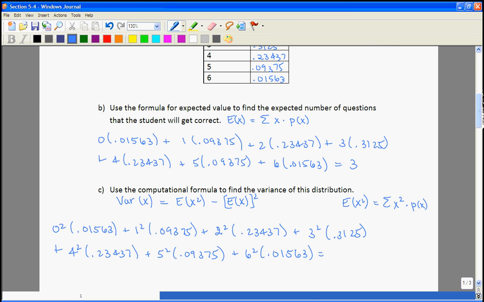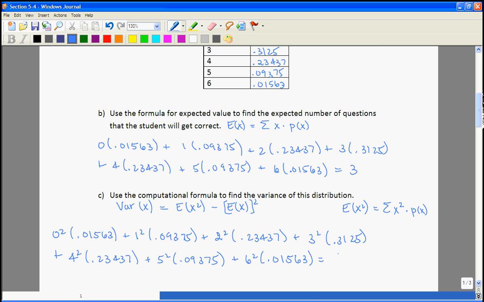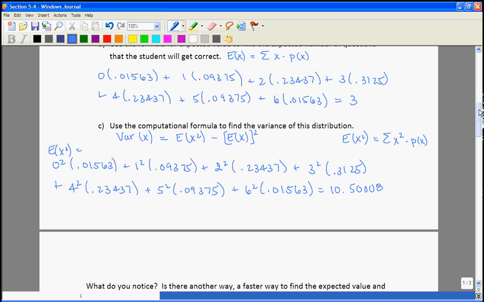Let's see what we get with that. And for that, I get 10.50008. Okay, now that's just E of x squared. That's what we found there. To find the variance, I have to subtract from that the square of the mean.